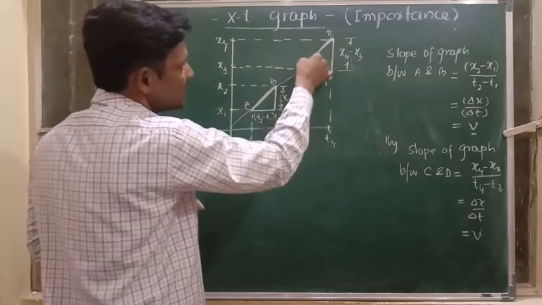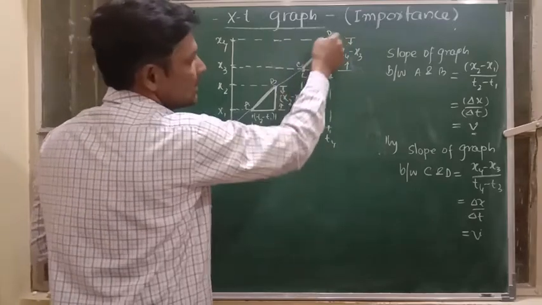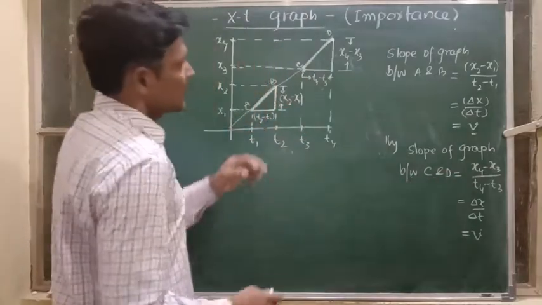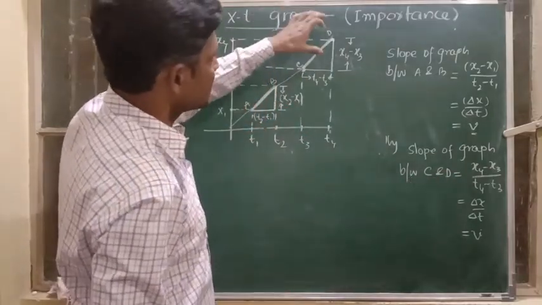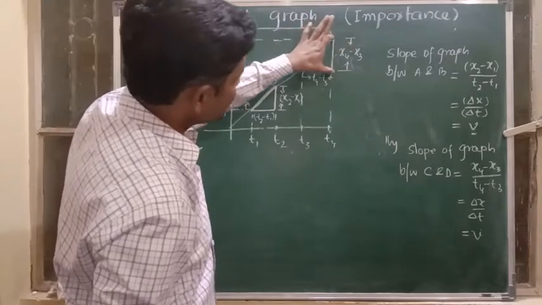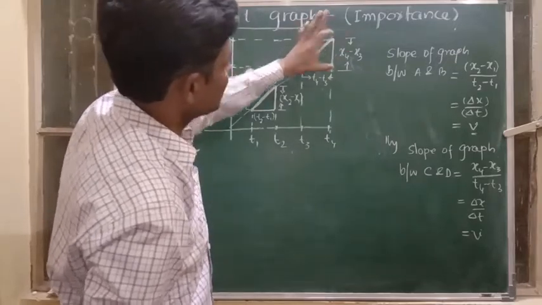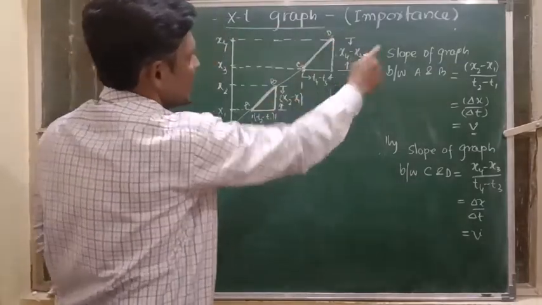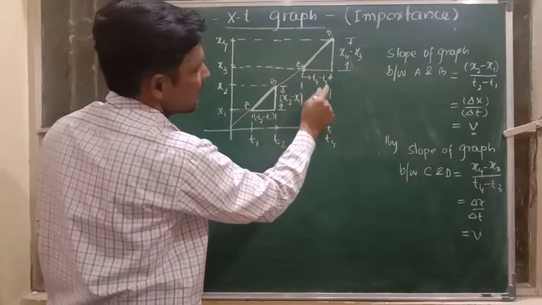Similarly, we can determine the slope of the line between C and D. So the slope of the graph between C and D can be determined using this length divided by this length, height divided by base, and this height is x4 minus x3 and this length is t4 minus t3.